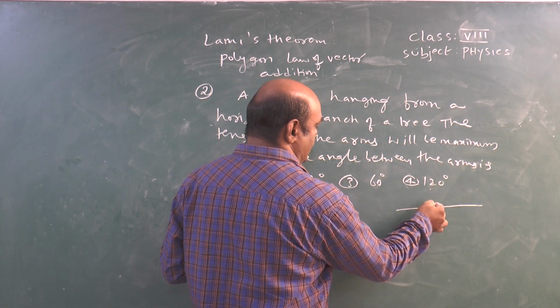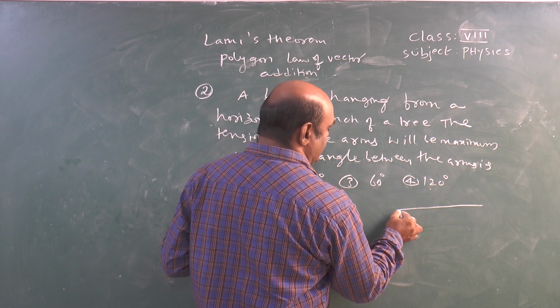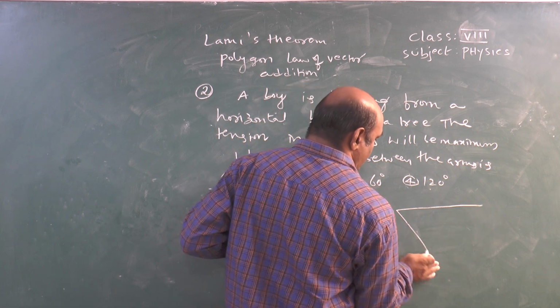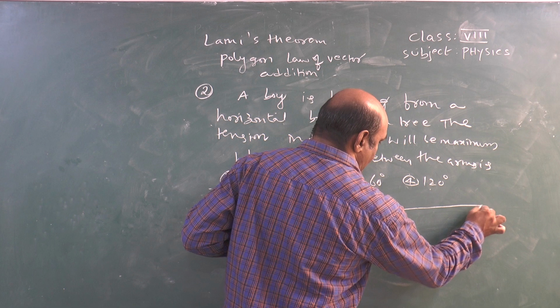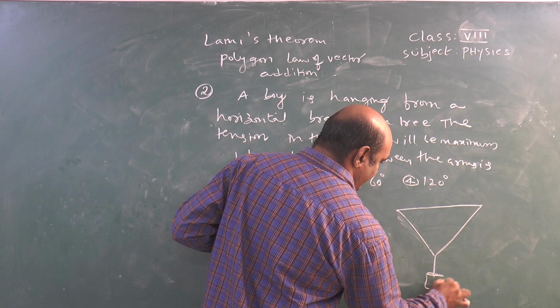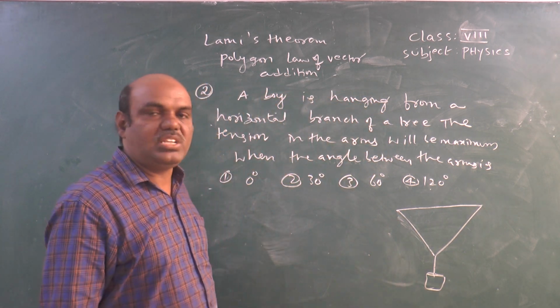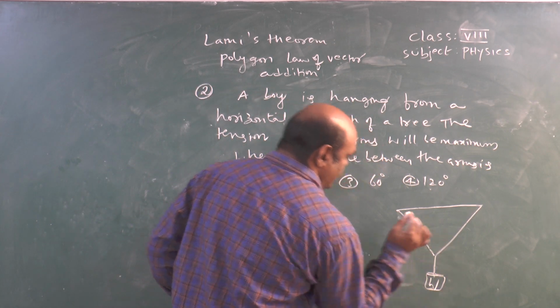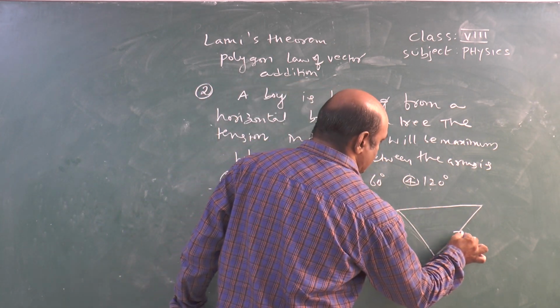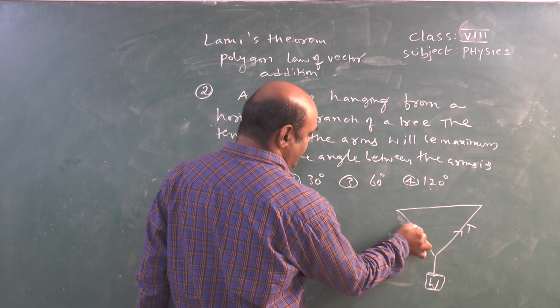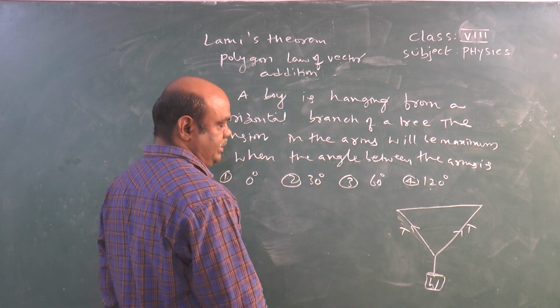If this boy is hanging, then what happens here? His hands appear like this. His weight is in this direction. Now here the tension T is developed in this one.